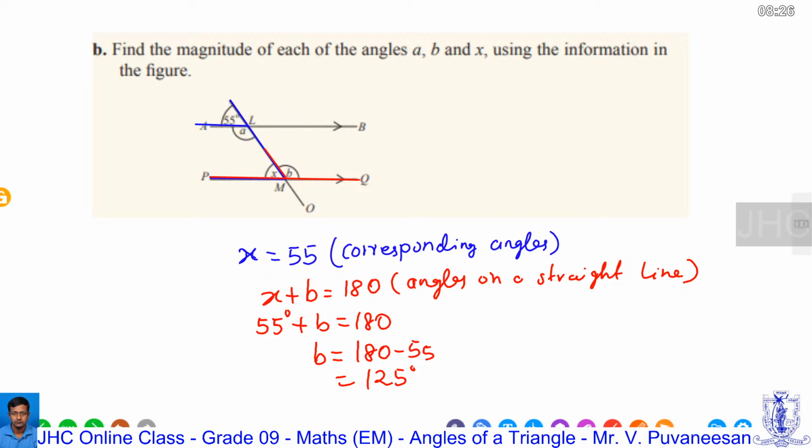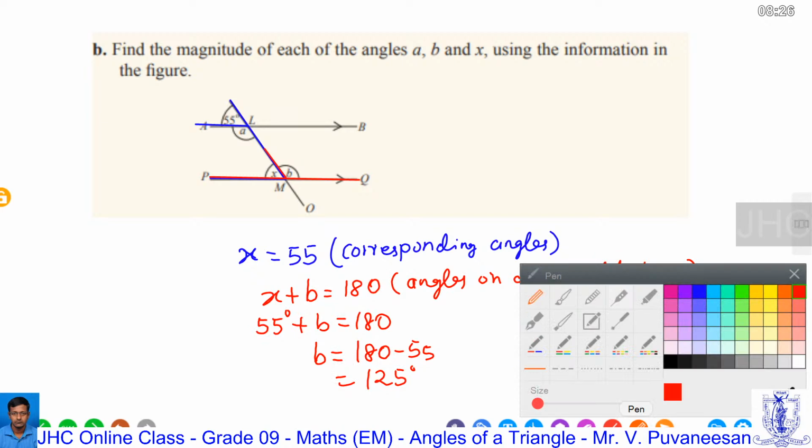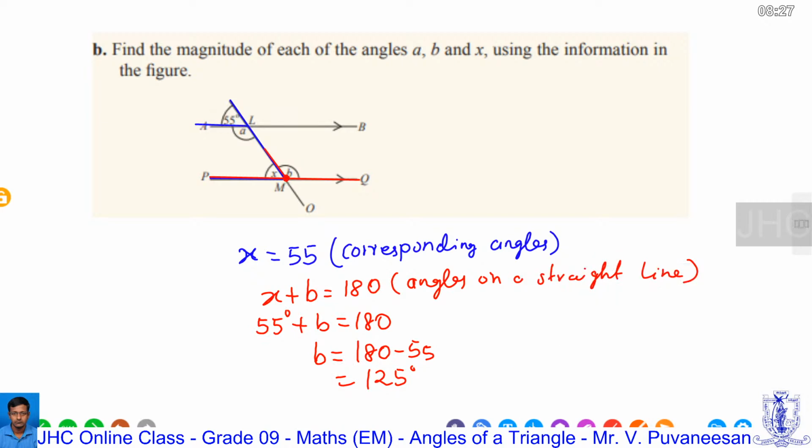Okay, 125. So one angle A also we have to find. We can find the A by considering these two angles. A and X are allied angles, so X plus A is 180, or look at this, alternate angles. B and A are alternate angles, that form. Okay, that shape. So A and B are alternate angles, so A equal to B, 125 degree.